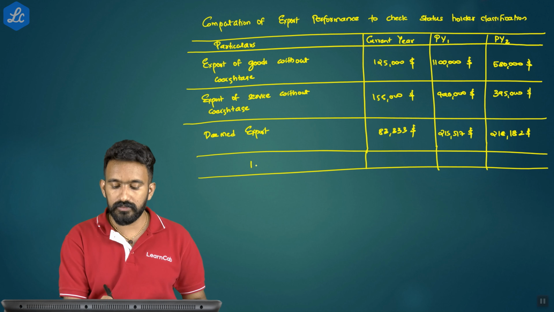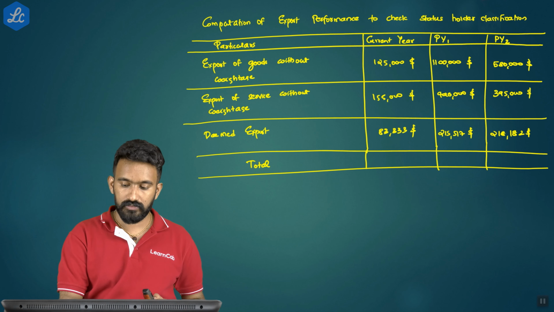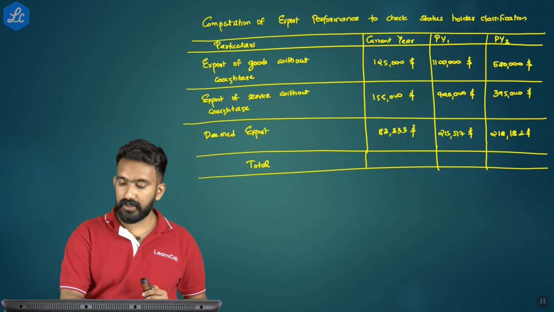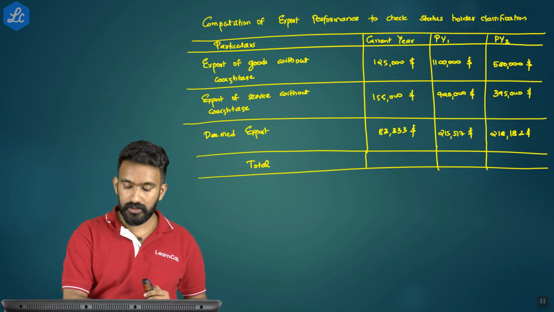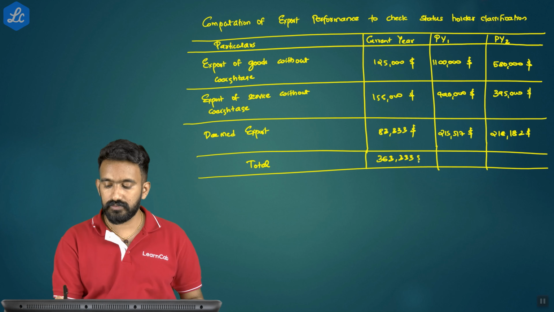So my total for the current year is 125,000 plus 155,000 plus 83,333, which is 3,63,333 dollars.